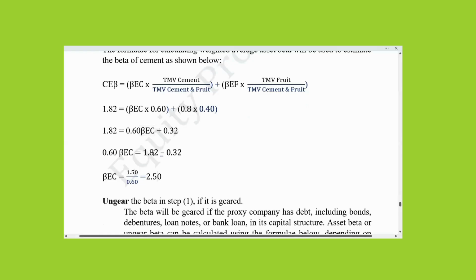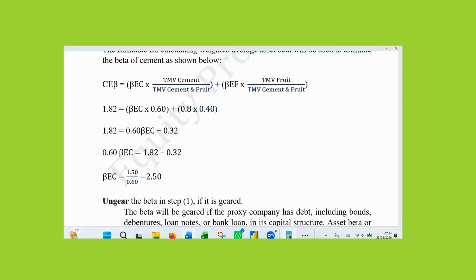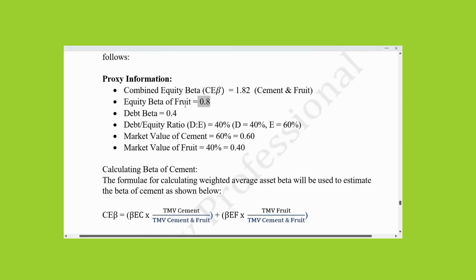Let me see. Okay, I think you are correct. Let me use my cap. For the beta of fruit, I think it's 0.8. See it there.